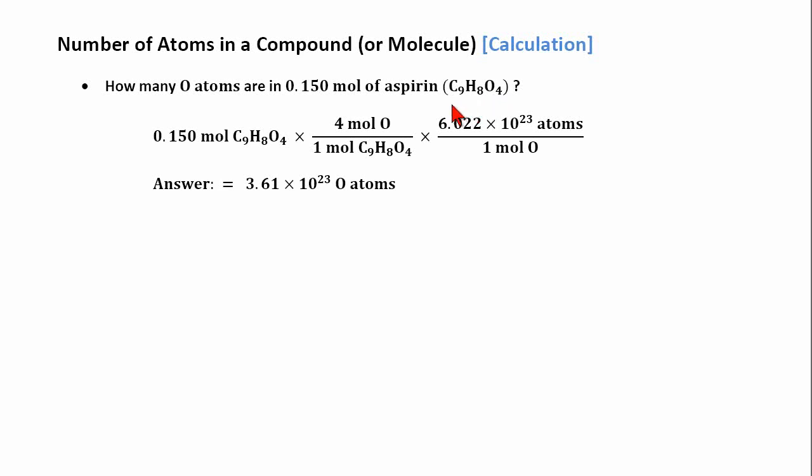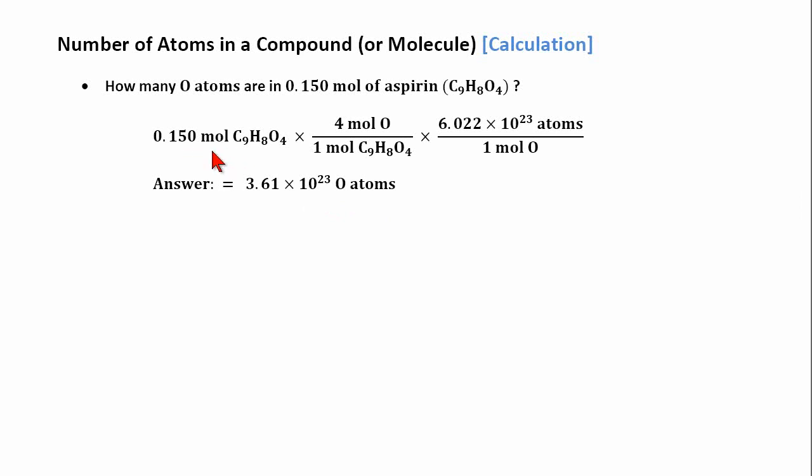If you can recognize that factor, this problem becomes extremely straightforward to solve. You take the moles of aspirin. You know that 4 moles of oxygen occur in every mole of aspirin, and then you multiply it by the number of atoms in a mole. All your units cancel, and you get 6.31 times 10 to the 23 oxygen atoms.